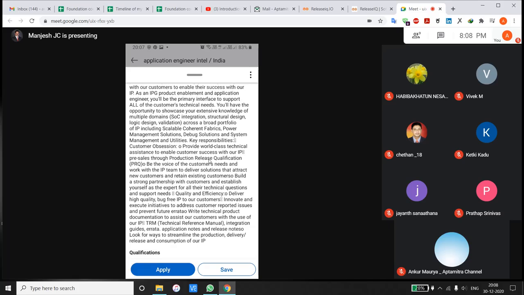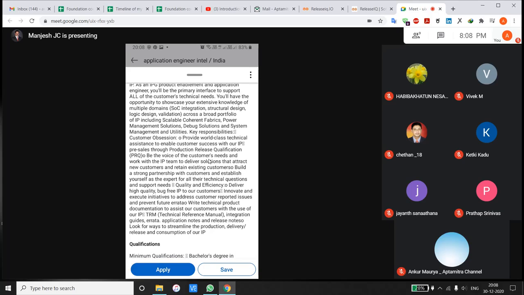And what are they saying? Production release qualification. In Intel, there's a term called PRQ, which is the final product. Be the voice of the customer's needs and work with the IP team to deliver solutions that attract new customers and retain existing customers.